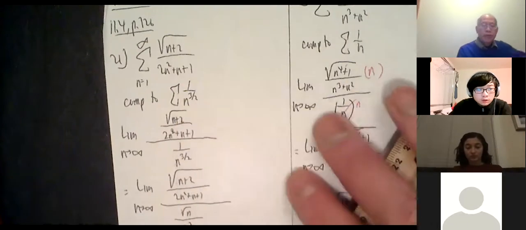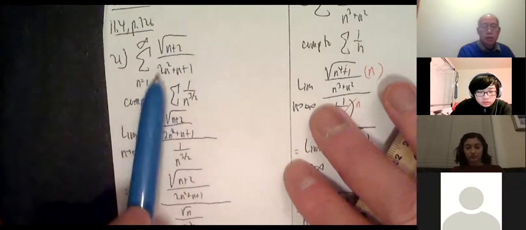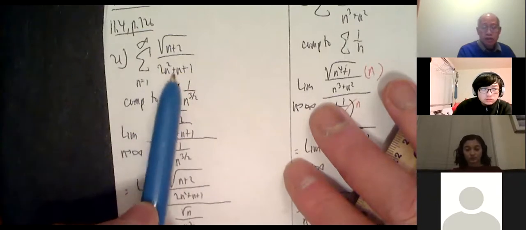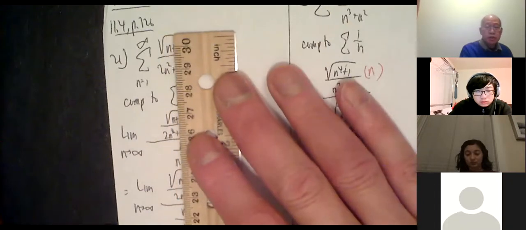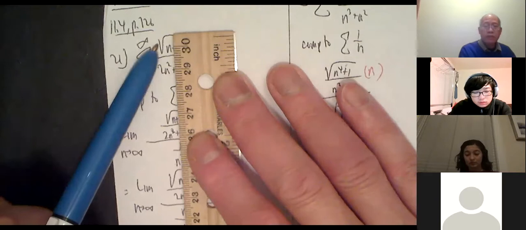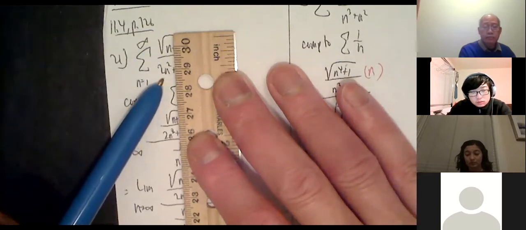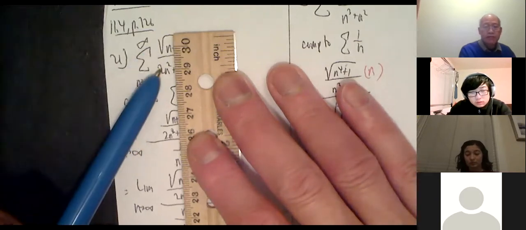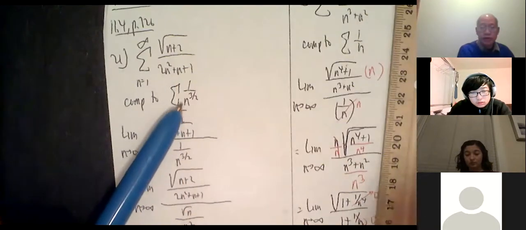For super big n, the 2 gets lost. In 2n squared, you can just forget about the n and the 1. So my comparison series would be, and you can even forget about the 2, n to the 1/2 divided by n squared. That's like 1 over n to the 3/2.